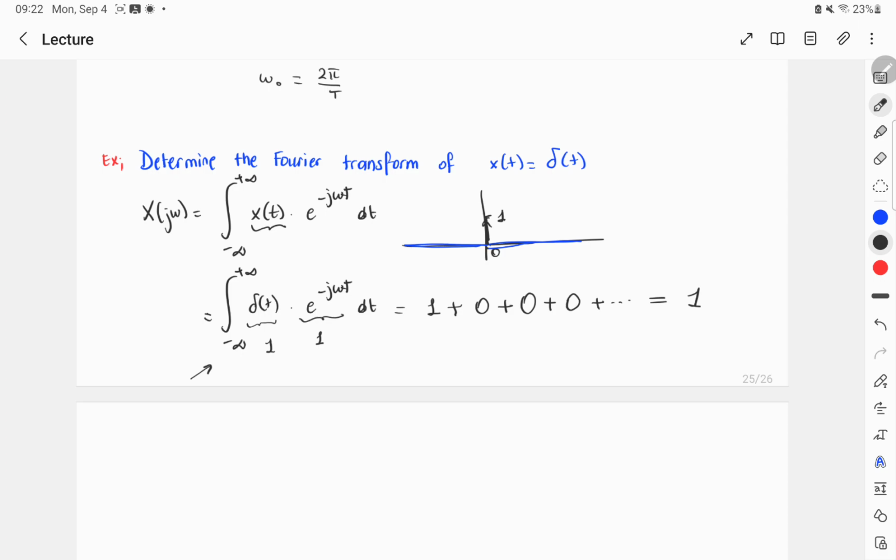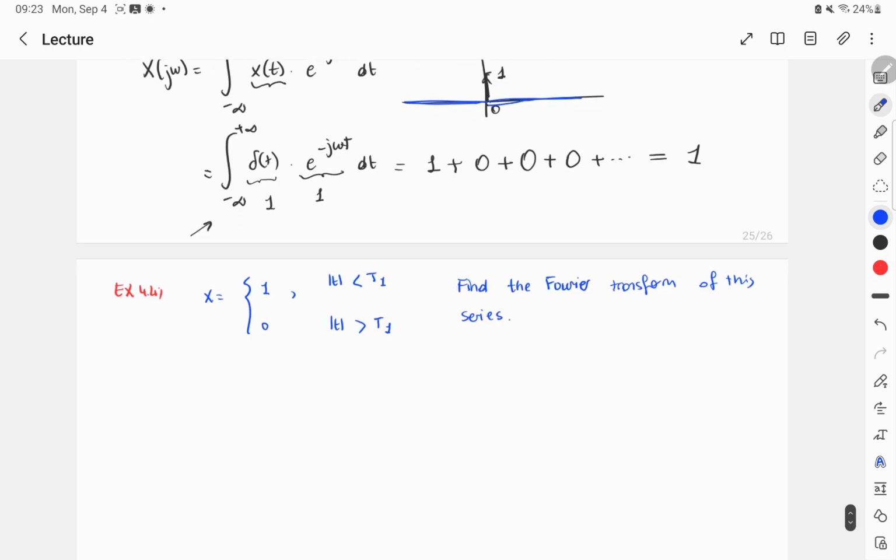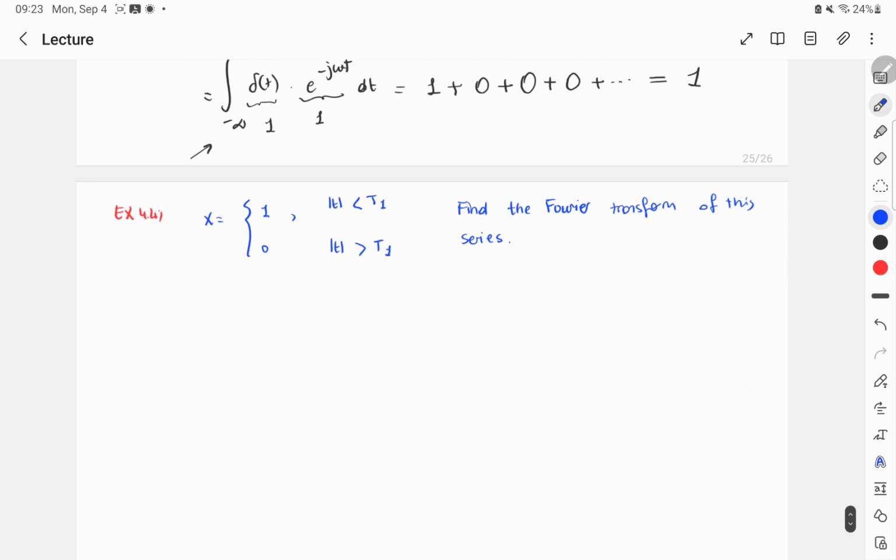Now, let's move on to our next example. Example numbered 4.4 in the book. Now, our example says that we have a piecewise function as shown, and it needs us to find the Fourier transform of this series.